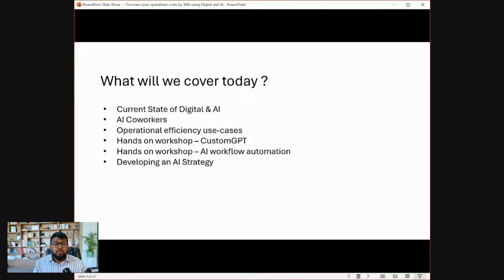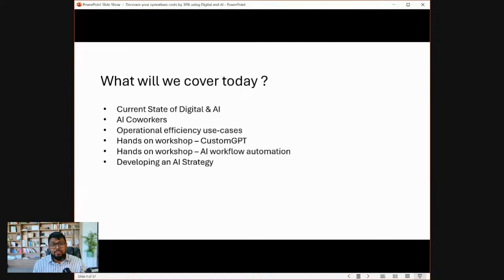All right, so what we are going to cover today. We will look at the current stage of AI, where we are at the moment, but I will not be spending a whole lot of time on that, because you can get that information very easily from the internet. We are interested in how we can actually implement AI to optimize our business. Secondly, we will look at AI co-workers. What are AI co-workers, and what does that look like?